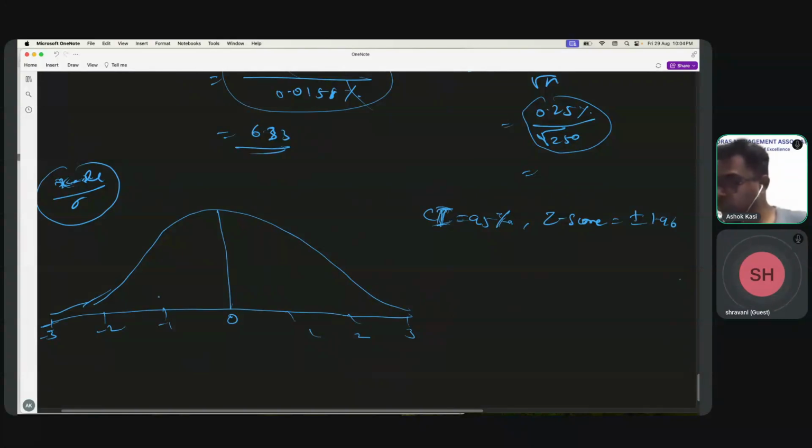So 1.96 is almost at 2, this much area. This is the critical value.